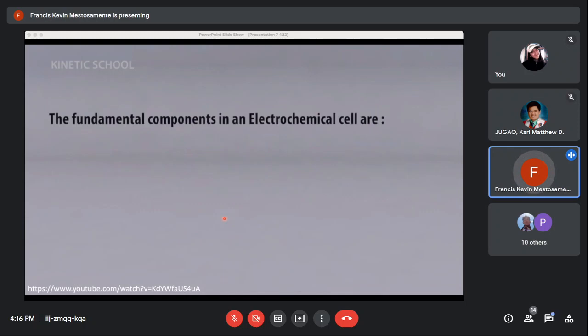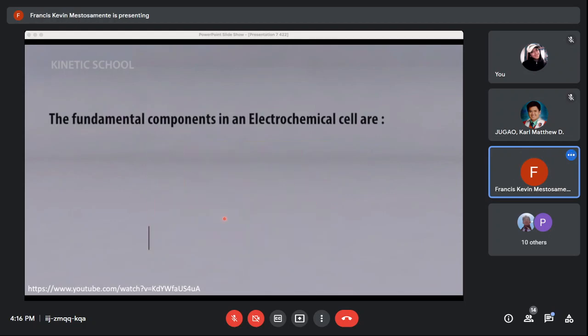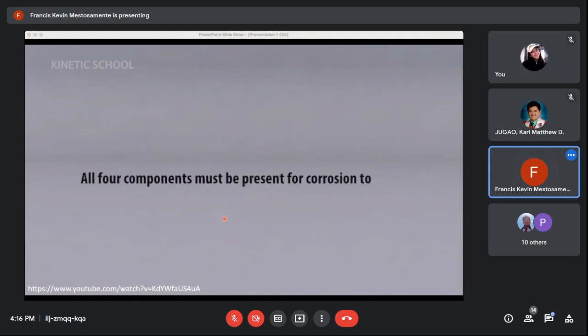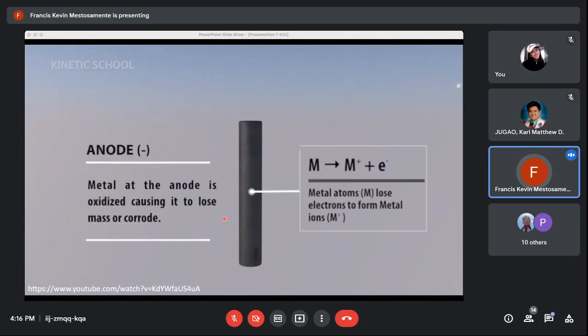The fundamental components in an electrochemical cell are anode, cathode, metallic path, and electrolyte. All four components must be present for corrosion to occur. Anode. Metal of the anode is oxidized, causing it to lose mass or corrode.